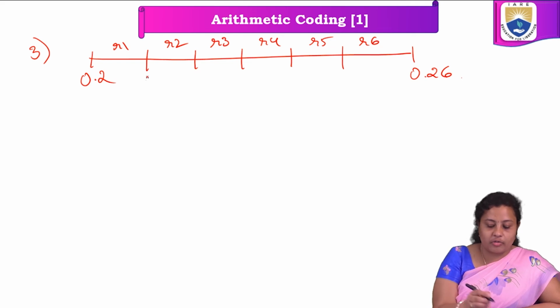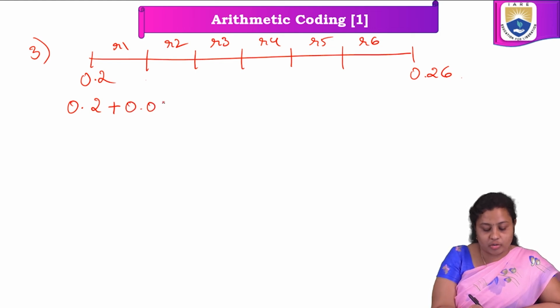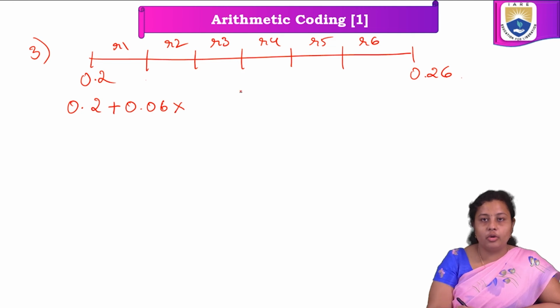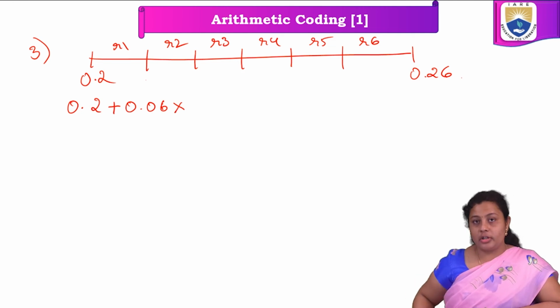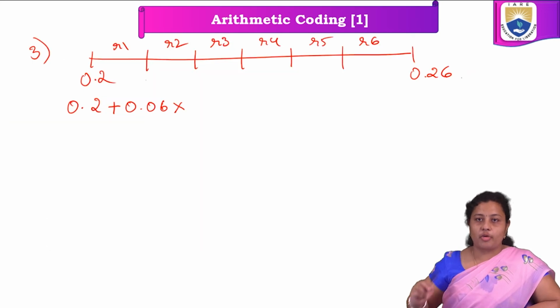So this value is now 0.2 plus the range length, 0.06, into the probability of R1. What is my probability of R1? It is 0.2.